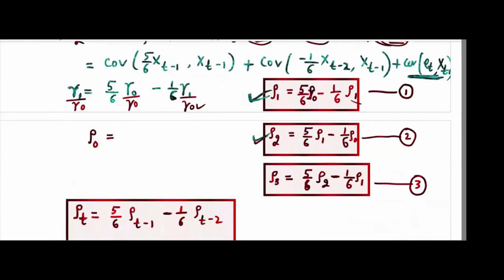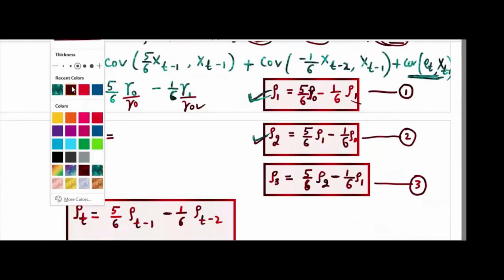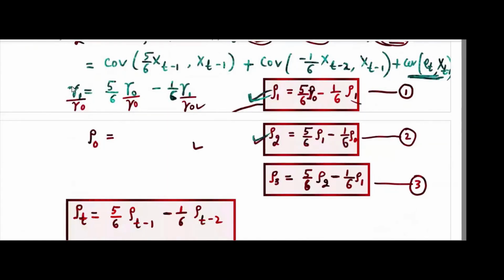So we'll find rho 1 from here. Let's find rho 1 from here. You can bring rho 1 this side. This will be 1 plus 1 upon 6 rho 1, 7 upon 6 rho 1, is equal to 5 upon 6 rho naught. Rho naught is 1 anyway, so I'm not writing anything.